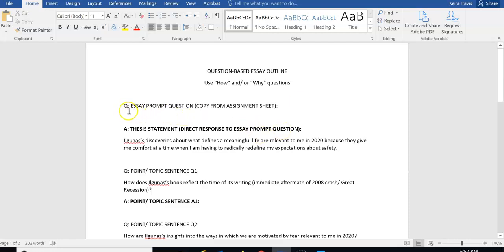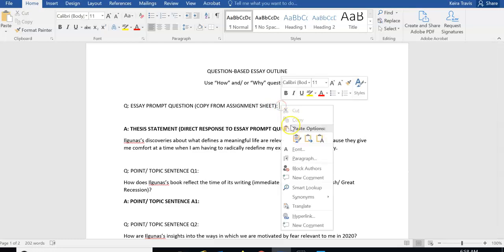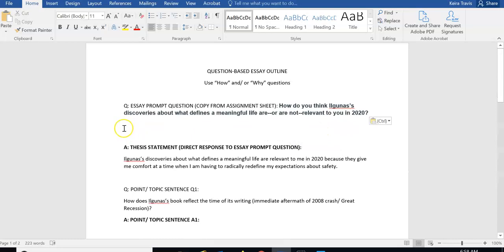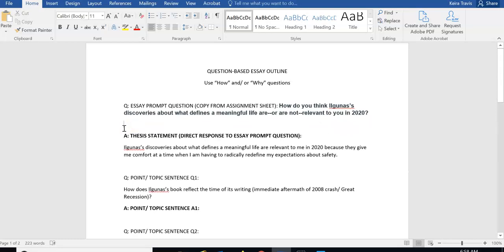The first step with the question-based essay outline is super easy. I mean, nothing could be easier. You copy-paste the essay prompt question off the assignment sheet. There, easy peasy. What could be easier than that? By the way, you are going to be making one of these question-based essay outlines.